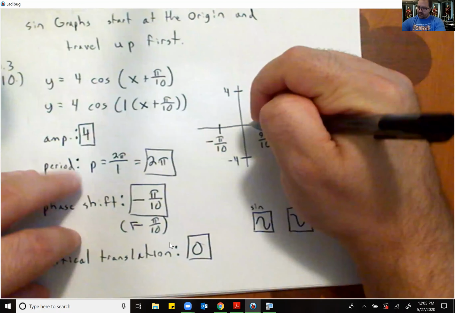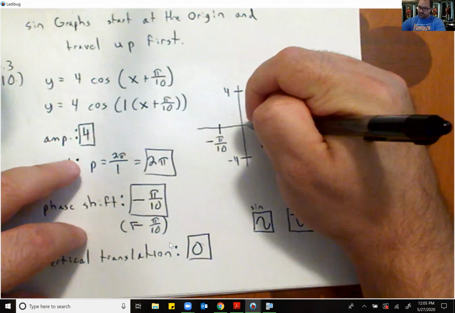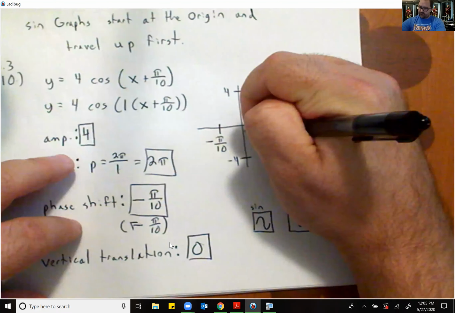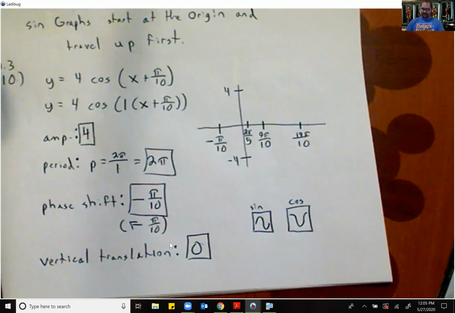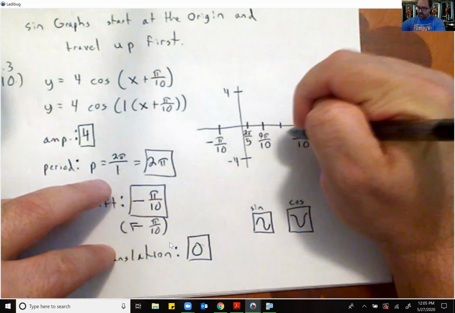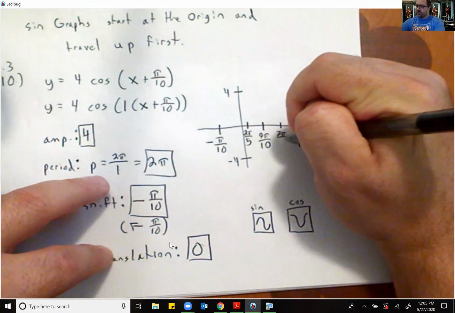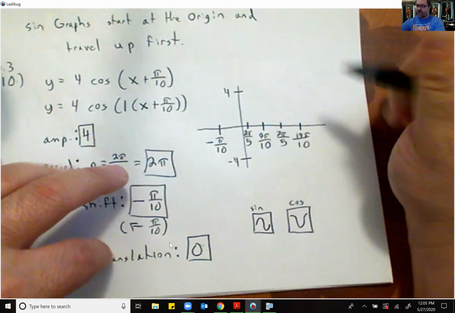I'll have another piece right over here at 2 pi over 5. Just figuring some things out. You do not do this work. This is purely stuff that I had to do. And I will have another piece over here at 7 pi over 5. So this is just to help me graph.